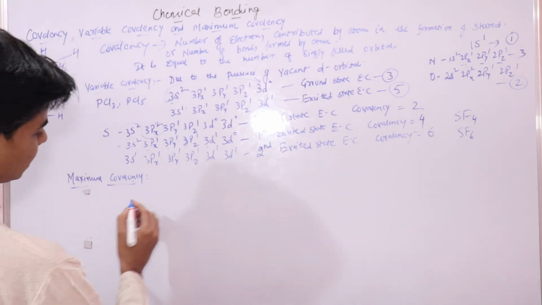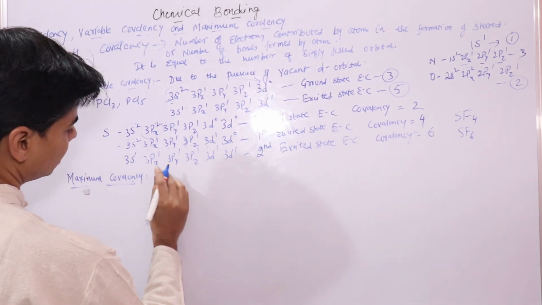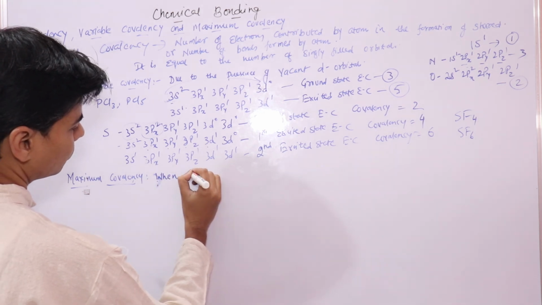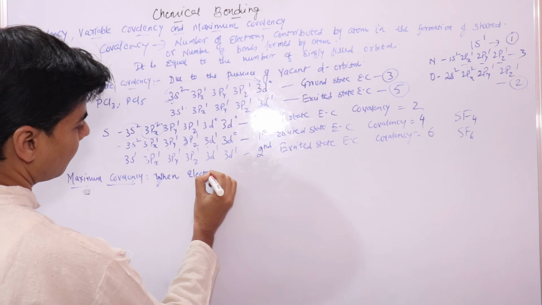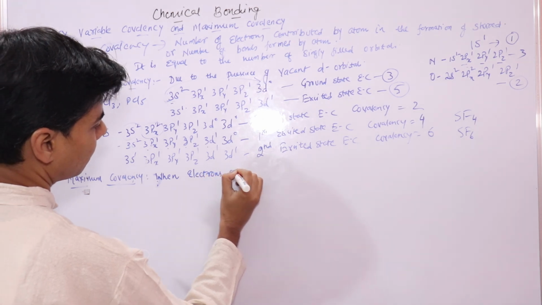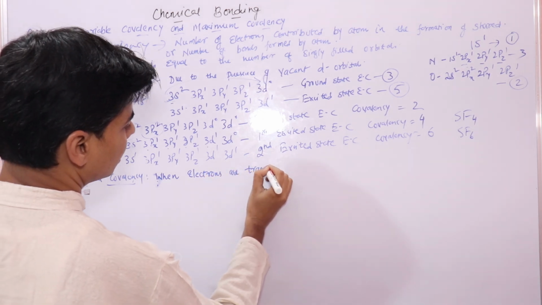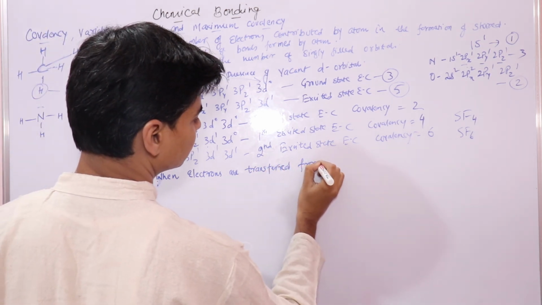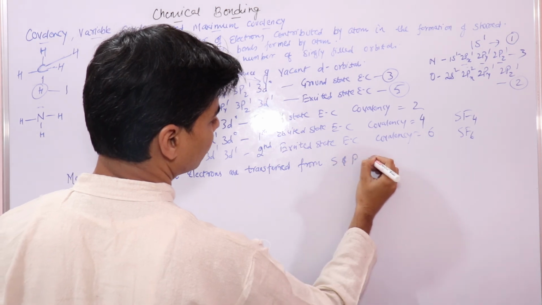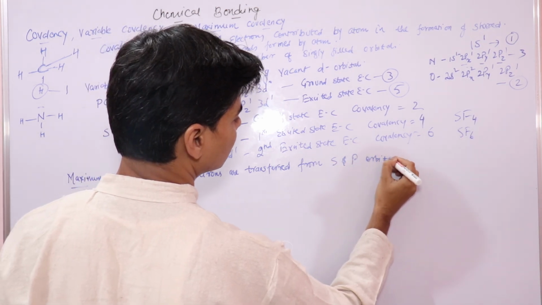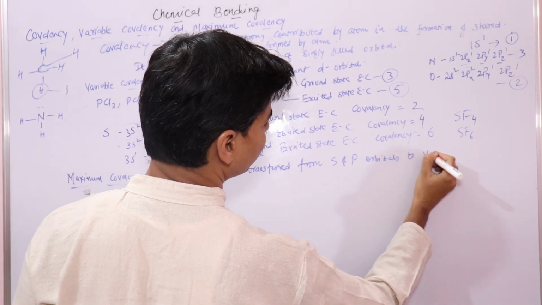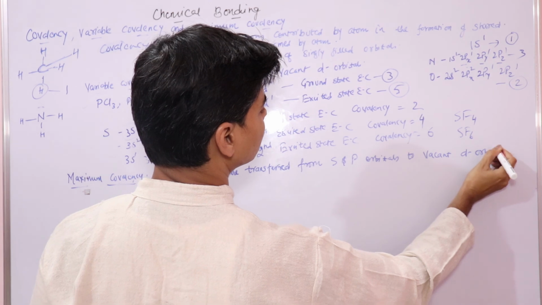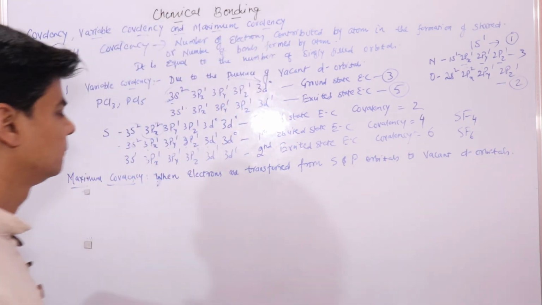So here maximum covalency, this is when electrons are transferred from s and p orbitals to vacant d orbitals, right?